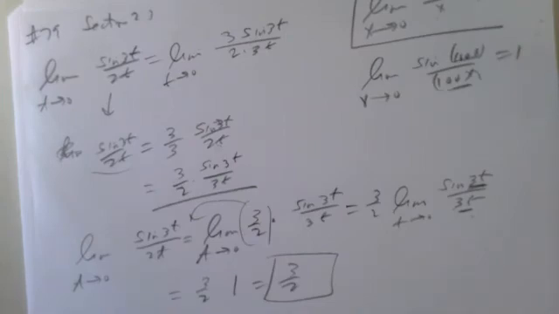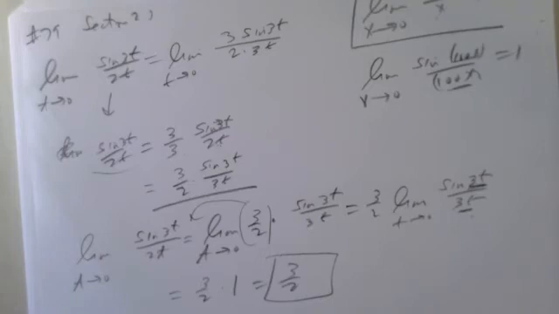Professor, I got the same result, but I didn't do the way that you did. Well, I care if you get the right answer. Yeah, I got the right answer because I didn't multiply by 3.